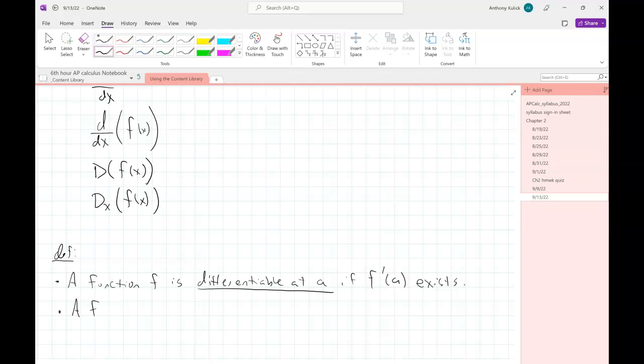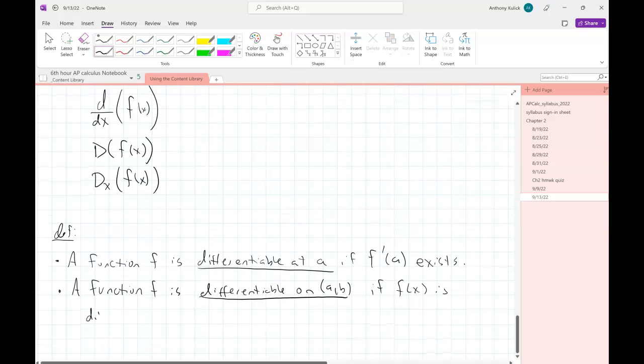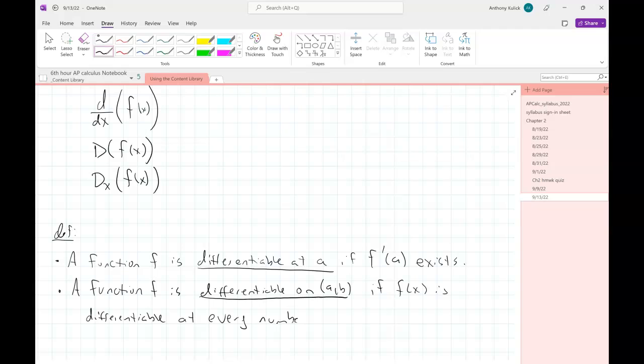And we say a function f is differentiable on the open interval from A to B if f of x is differentiable at every number in that interval.